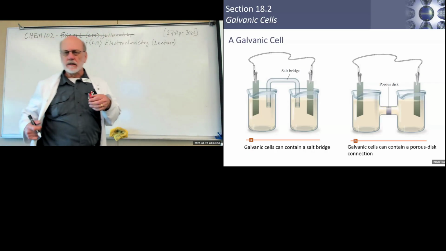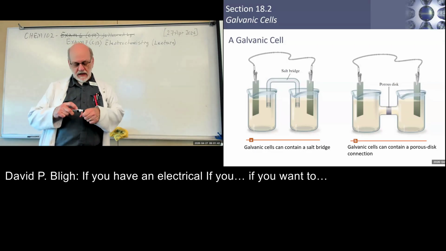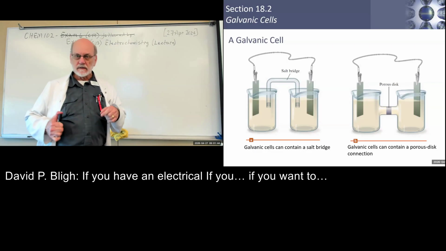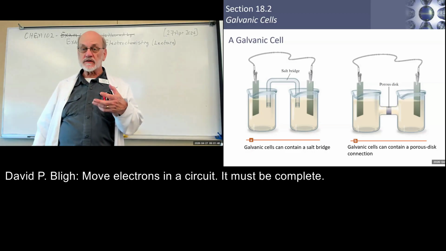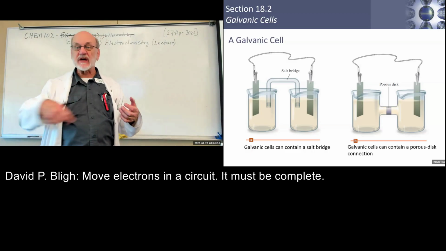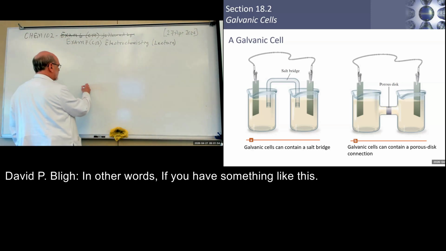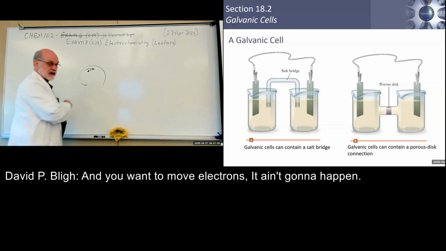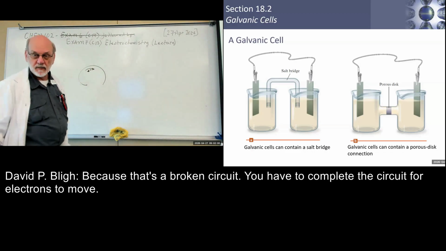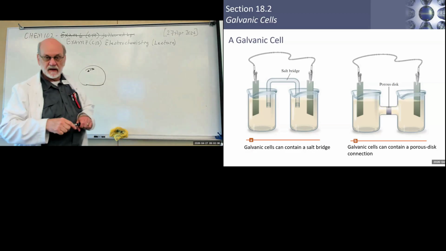Okay. A basic law of physics: if you want to move electrons in a circuit, it must be complete. In other words, if you have something like this and you want to move electrons, it ain't going to happen because that's a broken circuit. You have to complete the circuit for electrons to move.